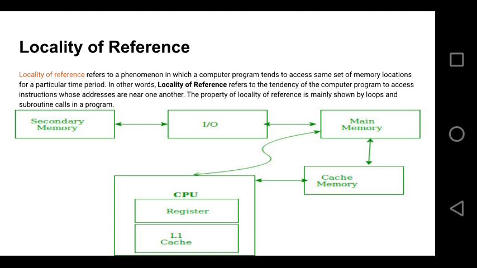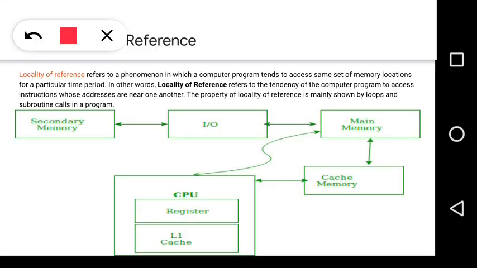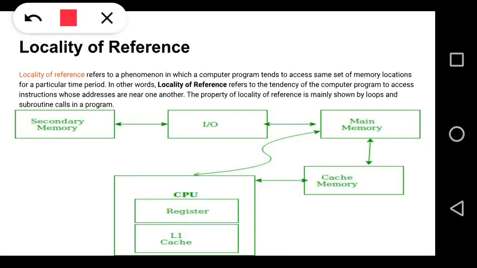The property of locality of reference is mainly shown by loops and subroutine calls in the program. So let us discuss the concept.